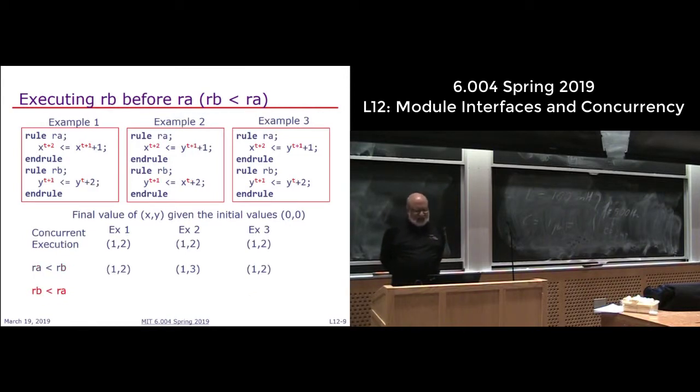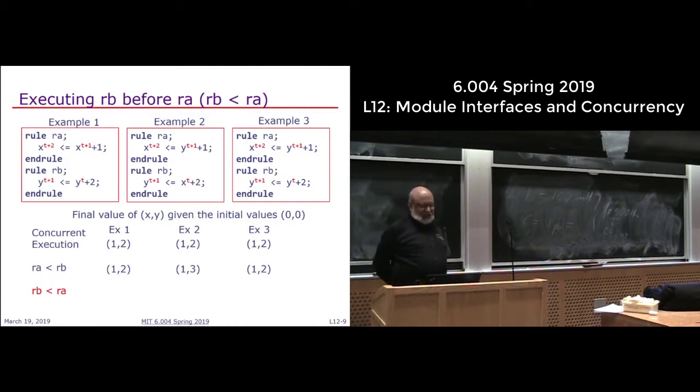Let's try the third case here, when I execute RB before I execute RA. You can work out all the subscripts here, because all I did was number the subscripts in the rule RB first, and then use the subscript above to number them 2s, and so on.